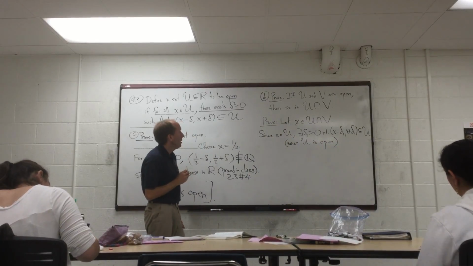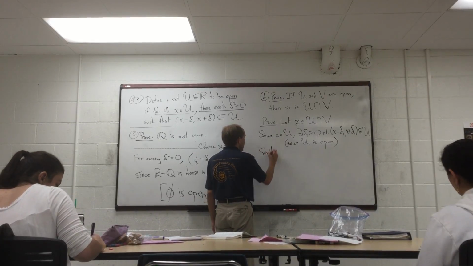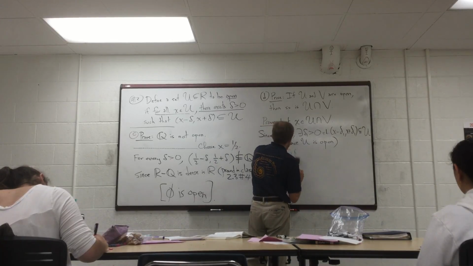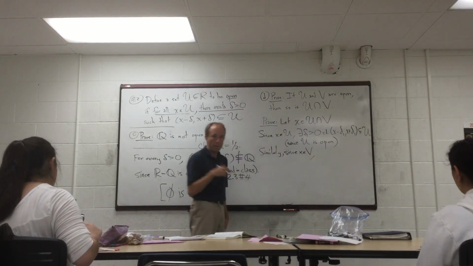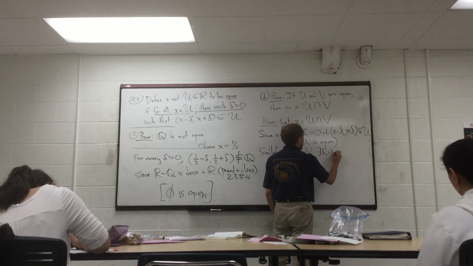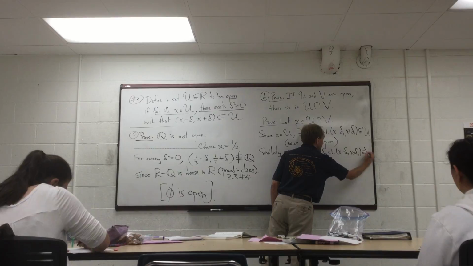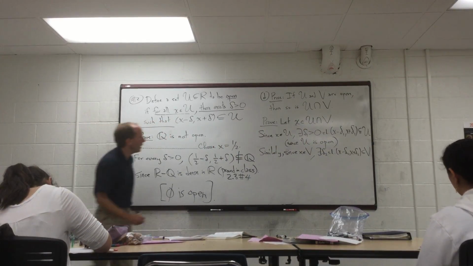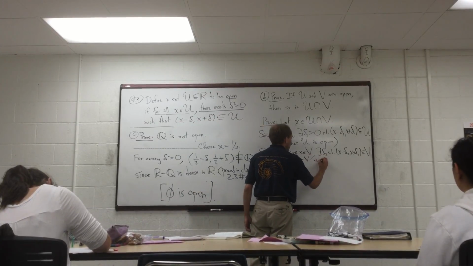And similarly, since x is an element of V, and V is also assumed to be open, there exists a delta 2 such that the interval x minus delta 2 to x plus delta 2 is contained in V. This is since V is open.